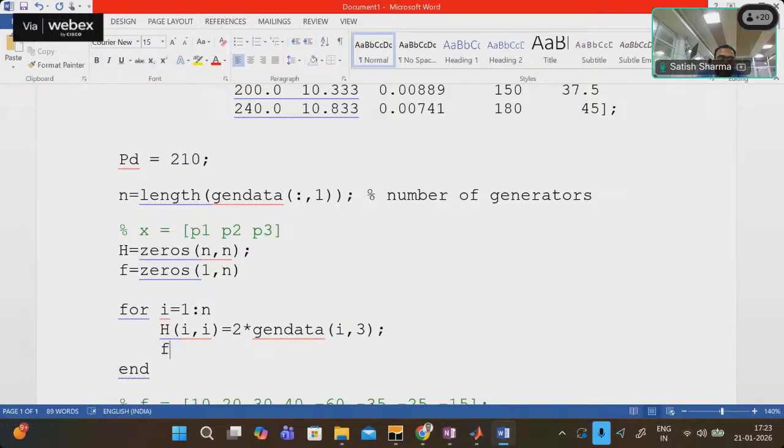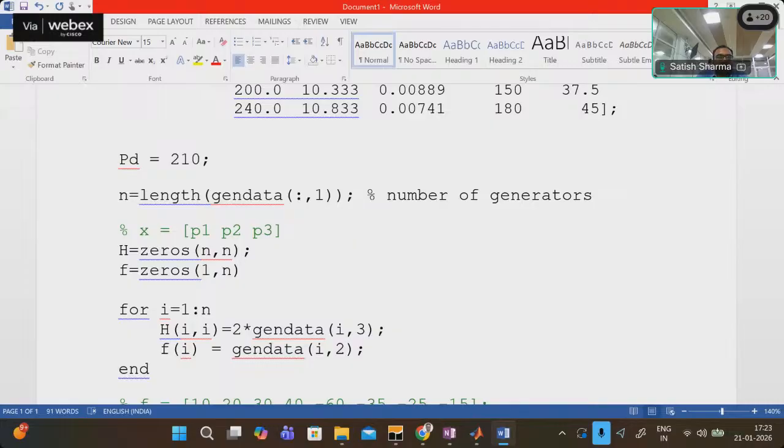Then F is equals to F, it's a single vector, so I can simply put I, and this is equals to gen data I comma 2. So at second column we have linear cost coefficient, so those will go into f function. So we will put it like this.